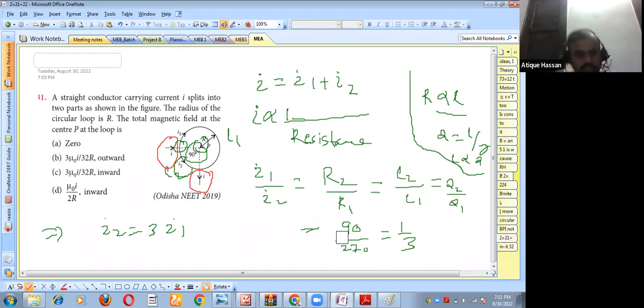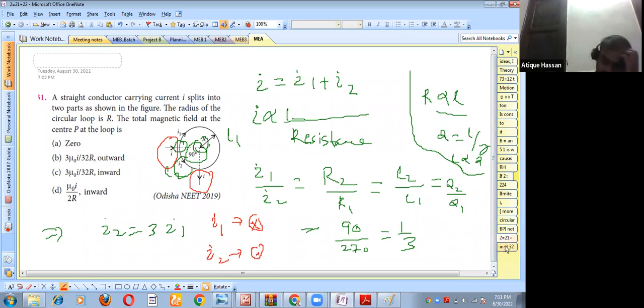Mu naught I by 2r is inward. It should not be inward, oh, sorry. Actually, the magnetic field due to both the currents is in opposite direction. Due to I1, the magnetic field is inward, and due to I2, the magnetic field is outward.